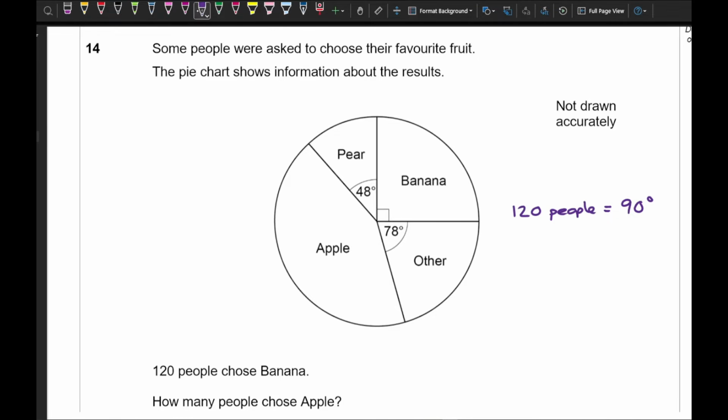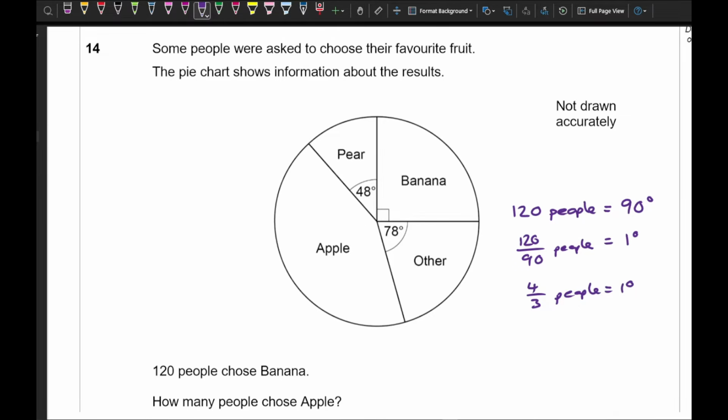So 1 degree is going to equal 120 divided by 90 people, and if I type that into my calculator, I get an answer of 1 1/3, so 4 over 3 people equals 1 degree.